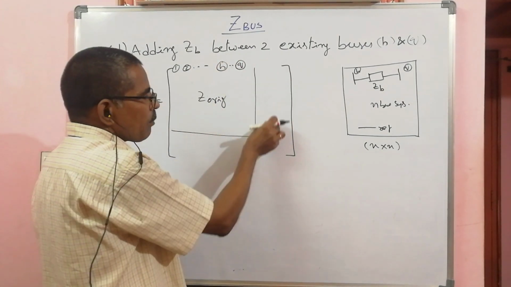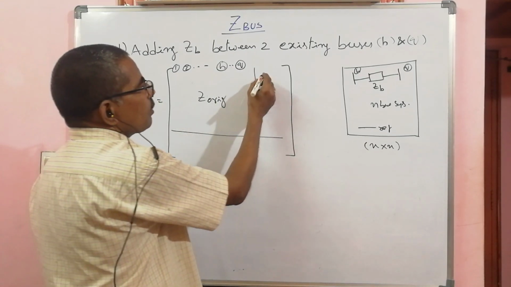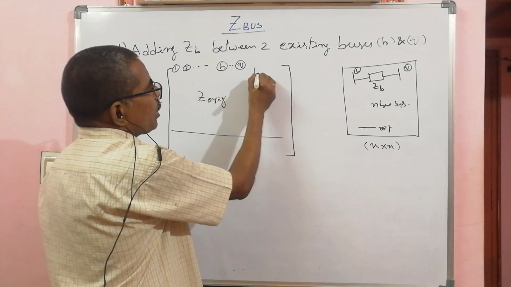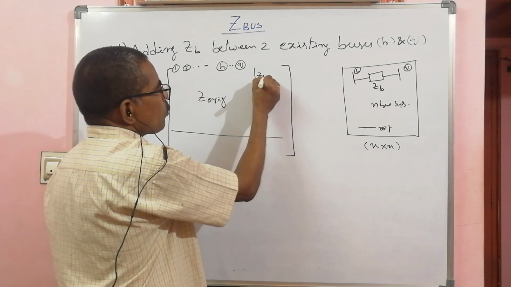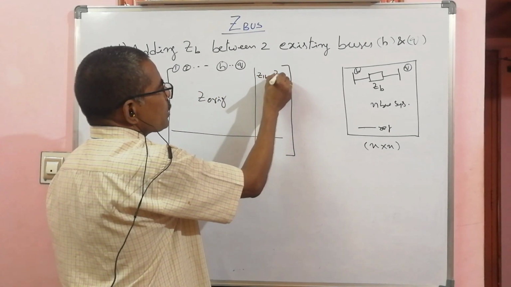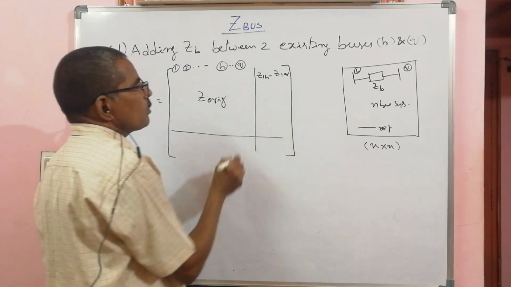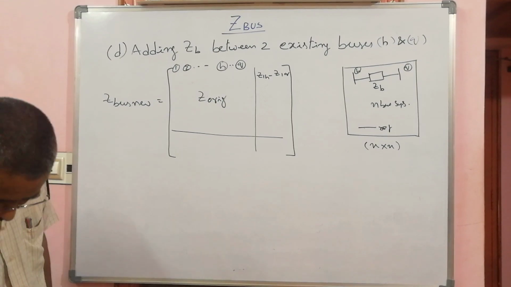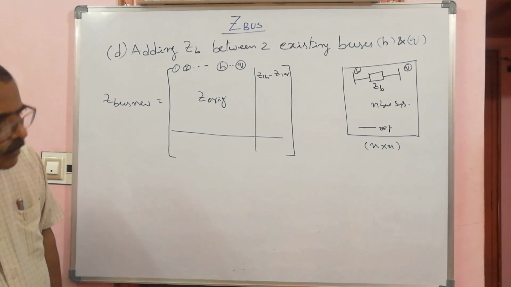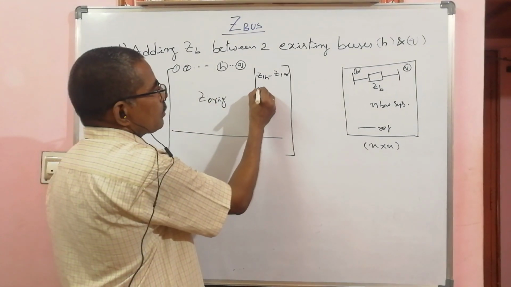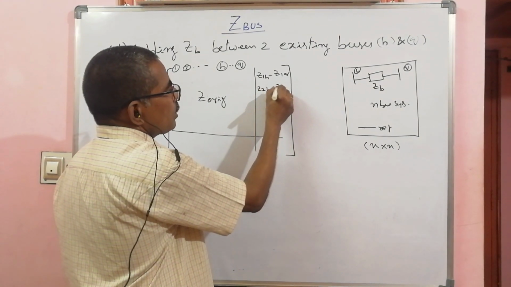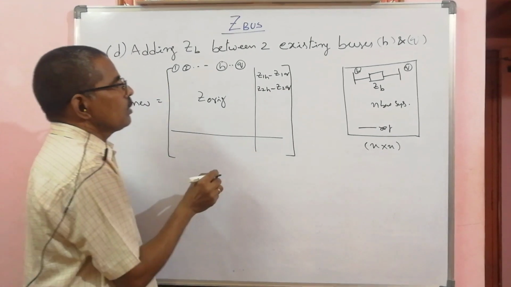So this temporary column, suppose you take the first row, it is Z1H minus Z1Q, that is the corresponding new element. What is the second element? Z2H minus Z2Q.